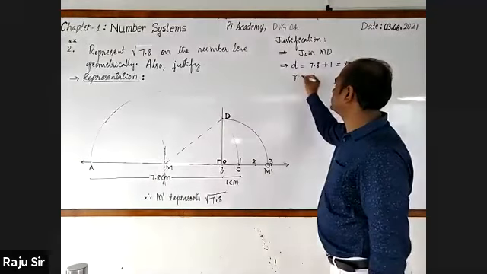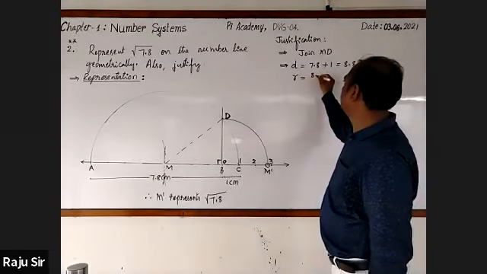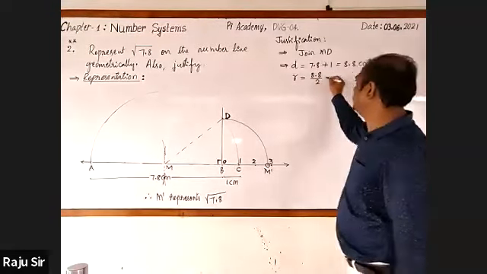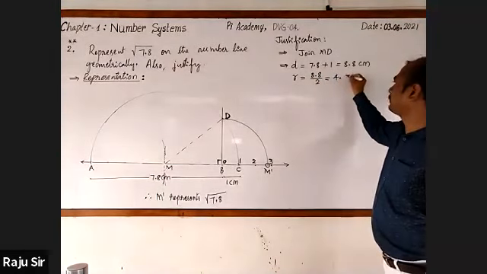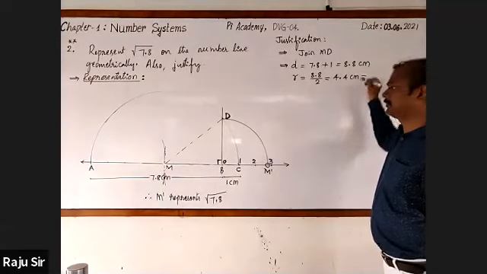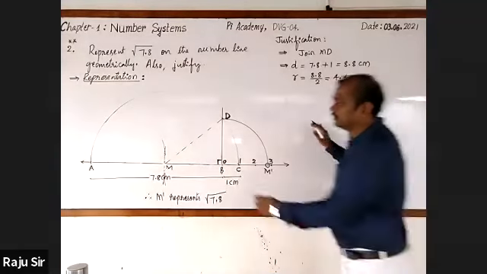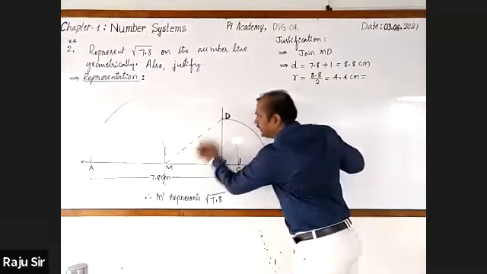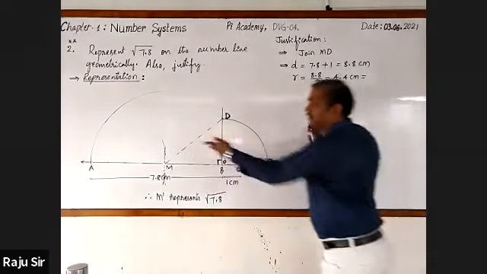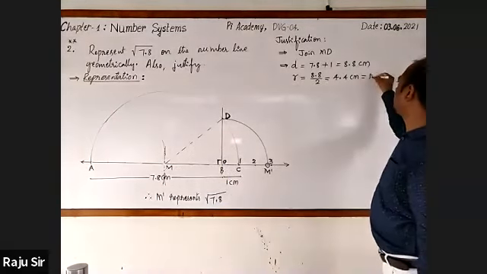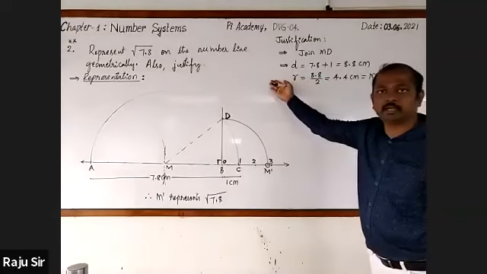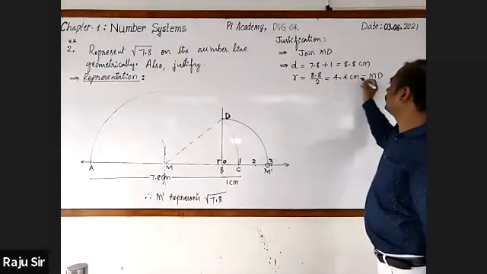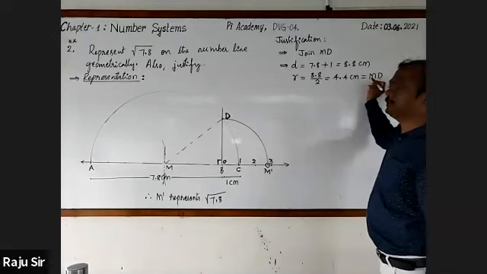The radius is half of the diameter. 8.8 by 2 is 4.4 centimeter. Here the radius required is MD. You write this as MD, or else you may write MD here also. 4.4 centimeter, which is nothing but MD.